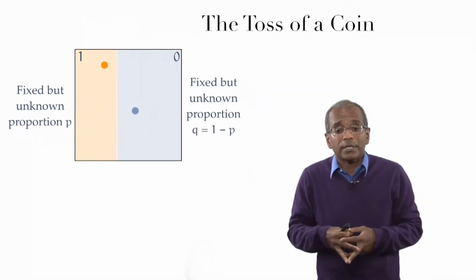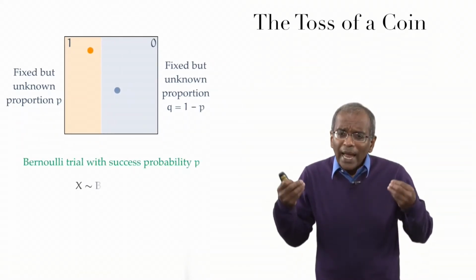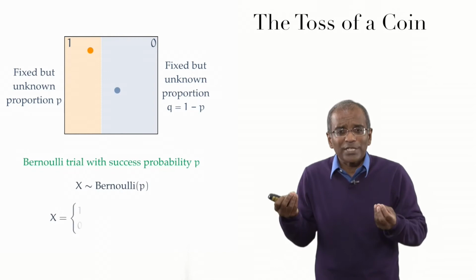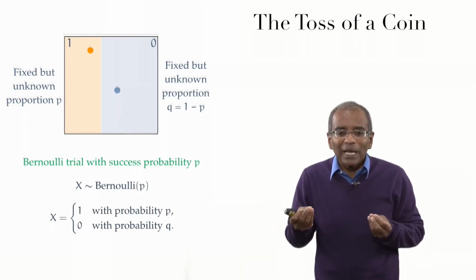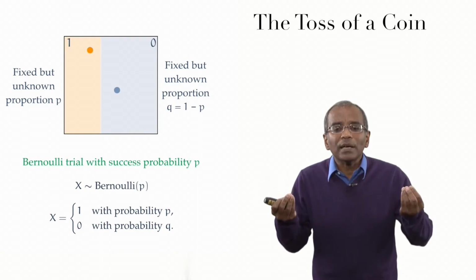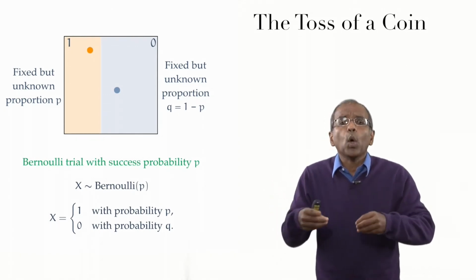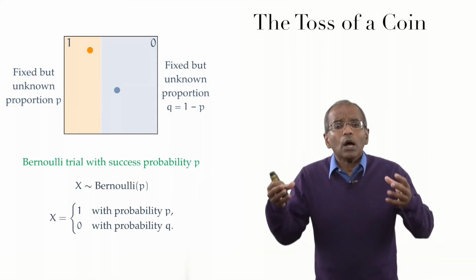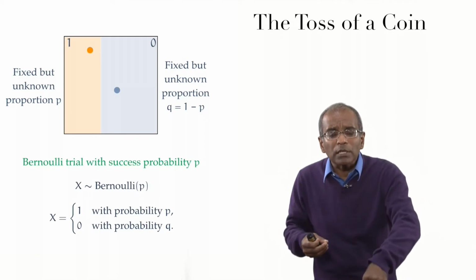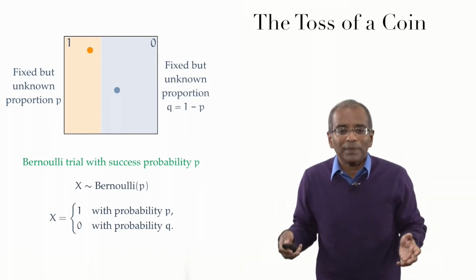We will denote the outcome of this trial by a letter X. X is a chance variable. It's going to take one of two values, 1 or 0, orange or blue, with probabilities p and 1 minus p respectively, and from now on in this context we will always write 1 minus p as q. Here now is a setting. Sampling from an underlying population is equivalent to the toss of a coin.